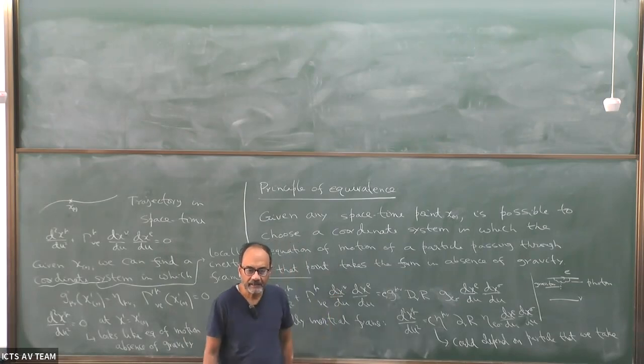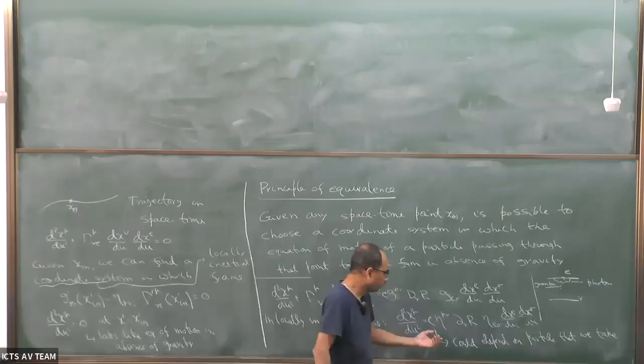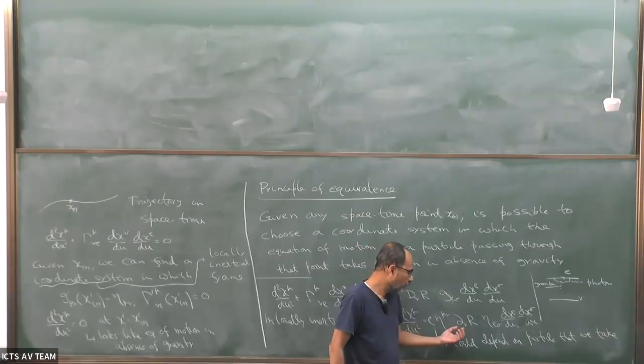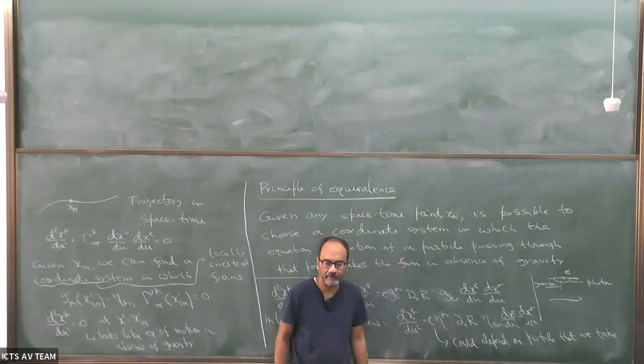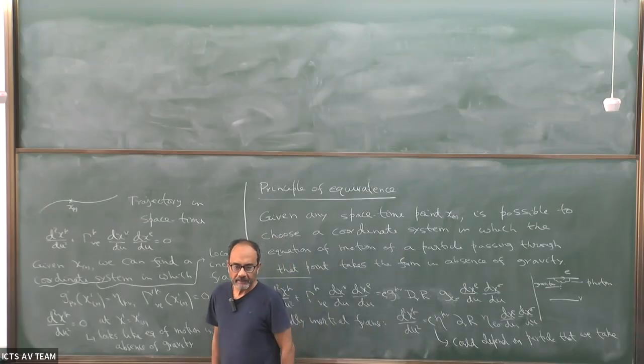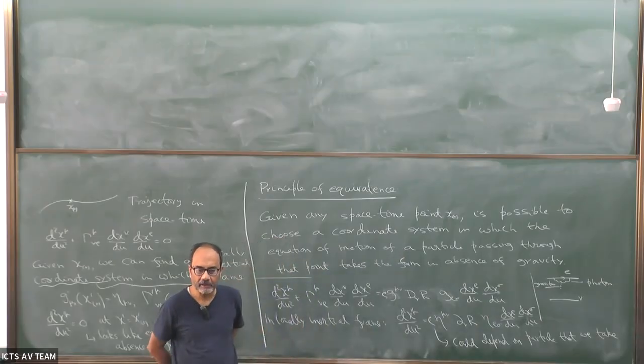Take a gravitational field, compare the trajectory of an electron to the trajectory of a neutrino. Well, okay, this is good enough. If you have a complicated background where R is non-zero, then the electron and neutrino will see the difference.